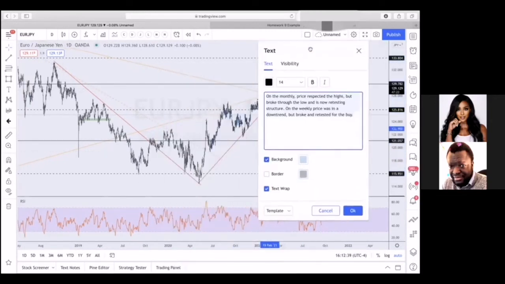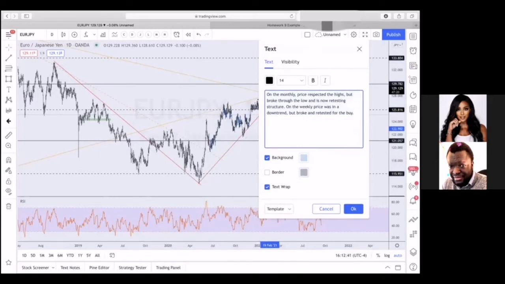But I'm just going to write on the daily. On the daily, previous structure, price was in a downtrend, but broke and retested for the buy.